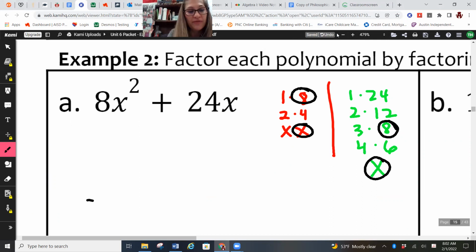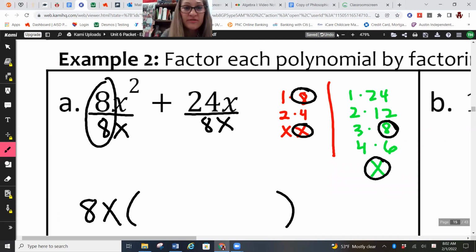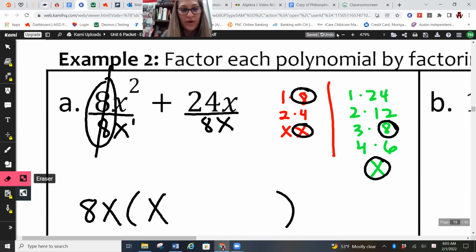Now, we're going to write the GCF on the outside of our parenthesis, and then we just divide by the GCF and write the answers back into the parenthesis. So 4th grade math, 8 divided by 8 is 1. 9th grade math, x squared divided by x, we do 2 minus 1 is 1, so x to the 1, but we don't have to write the 1.